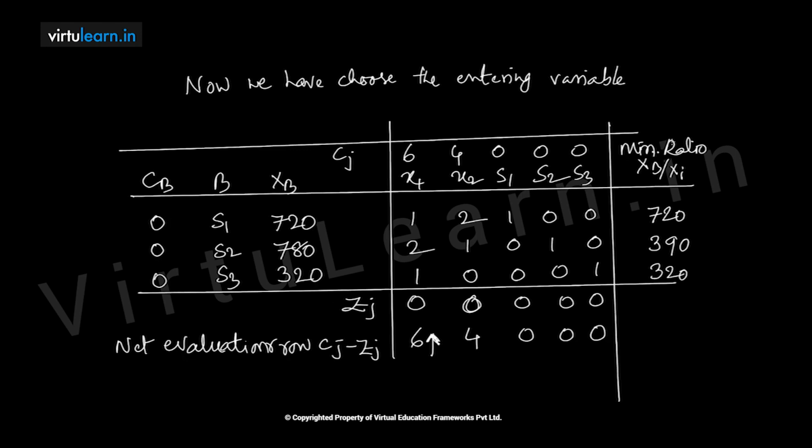Whichever is the minimum among these should be the pivot row. This is the pivot column, and this we call the pivot row.